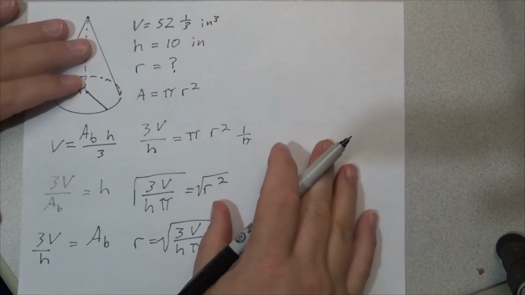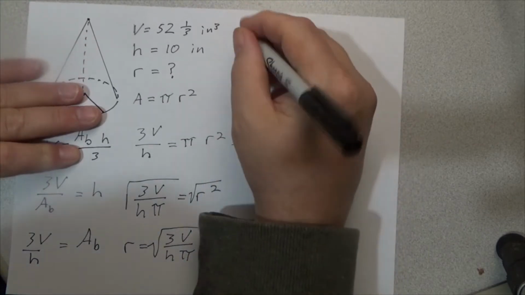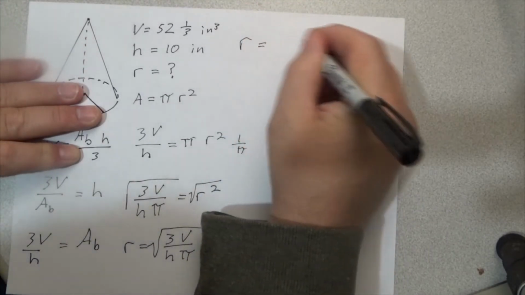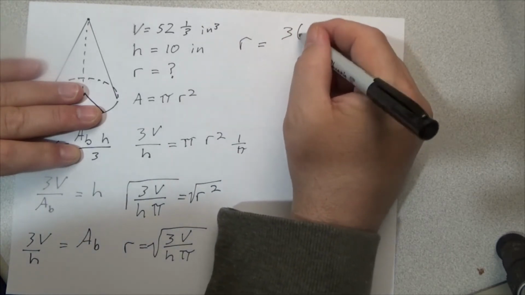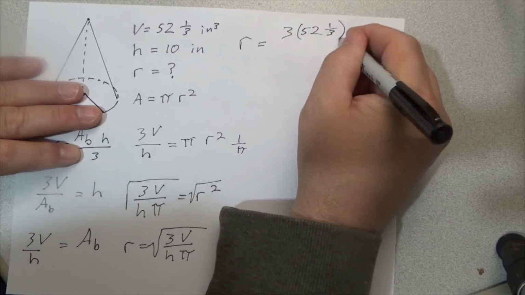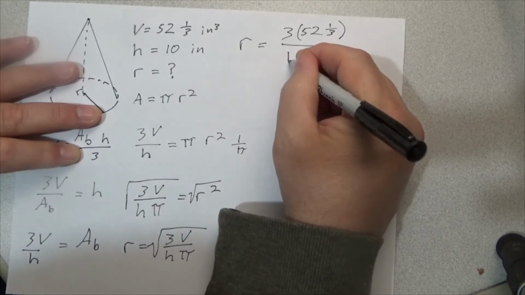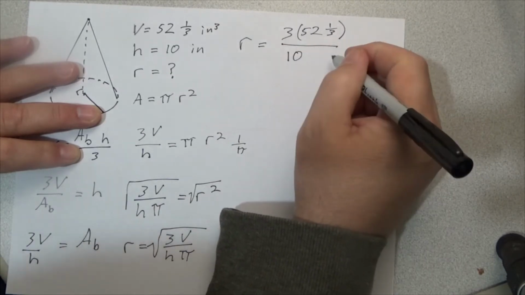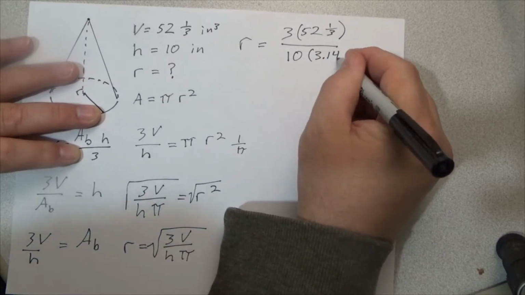So I just need to plug those numbers in. So radius is equal to 3 times the volume, 52 1/3, divided by the height, which is 10, times 3.14.